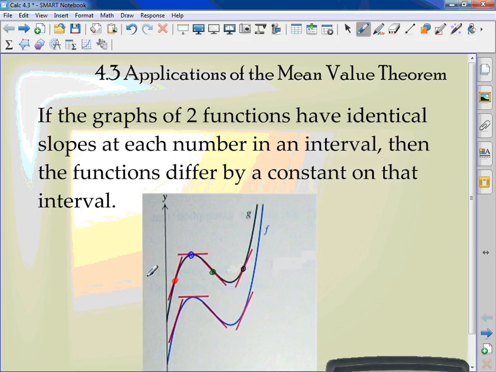The slope here is the same as the slope at that point. Slope at this point is the same as the slope at this point. Slope at this one's the same as the slope as this one, and the last one's the same as this one. That means the curves are identical. The only thing that's different is one has been shifted up or down compared to the other one. So they're different by a constant.